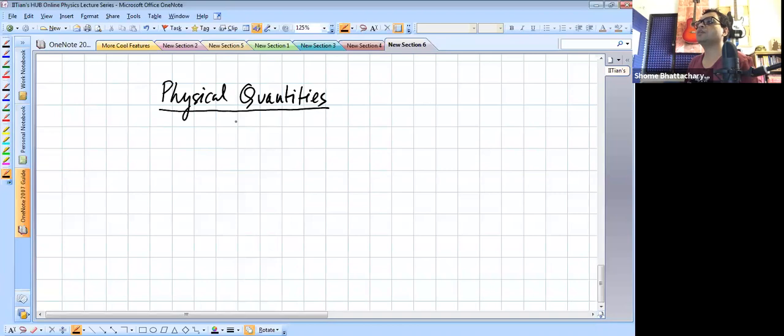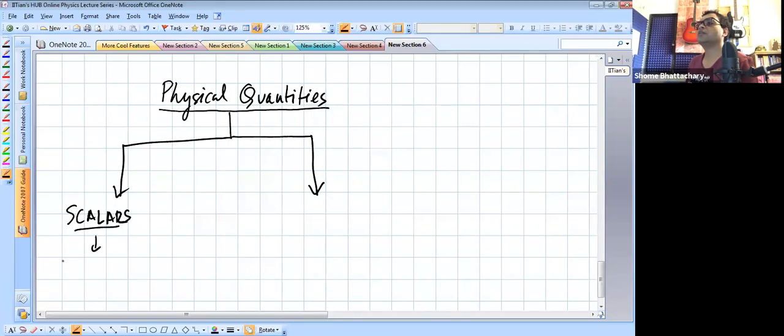Based on this, we divide all physical quantities into two categories, vectors and scalars. Scalars are the simpler of them. Scalars are quantities which have only magnitude. They don't have a significant direction.